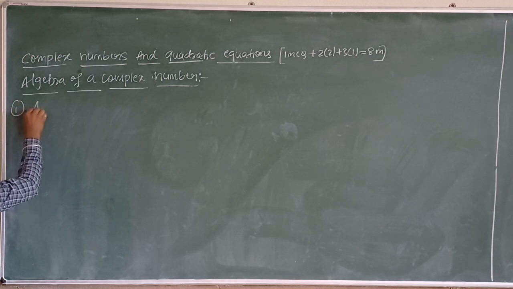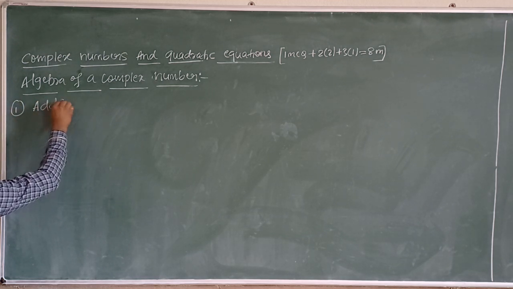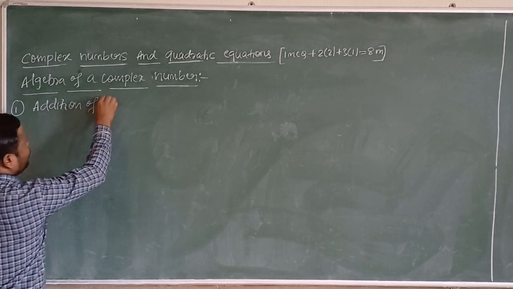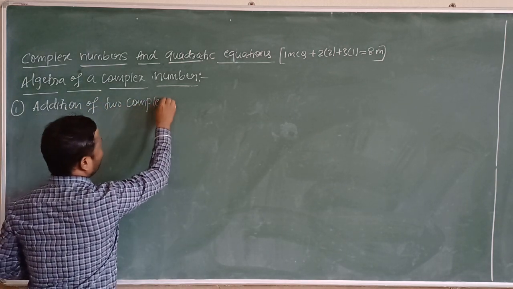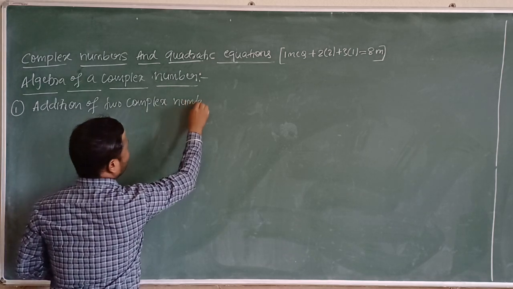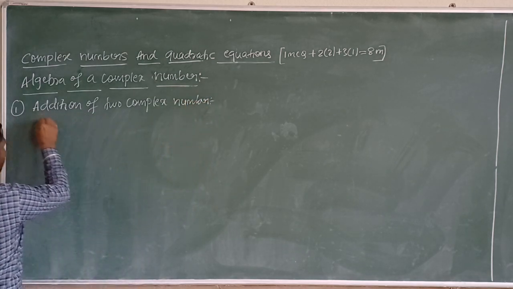First one is the addition of two complex numbers now.